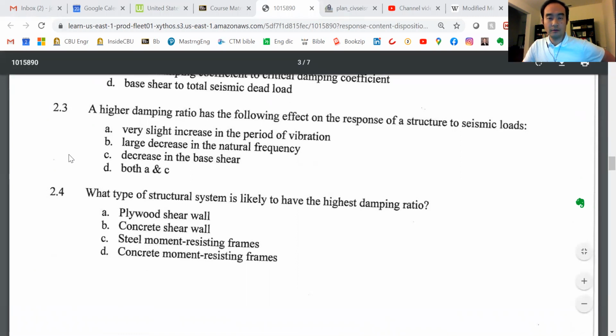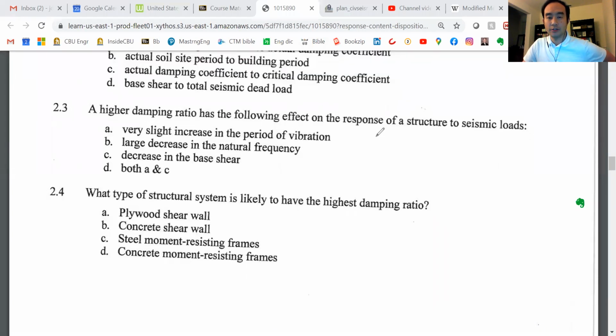So let's think about the effect of the damping. The higher damping ratio means, with a given critical damping, we can say it's going to be the larger C value, right?